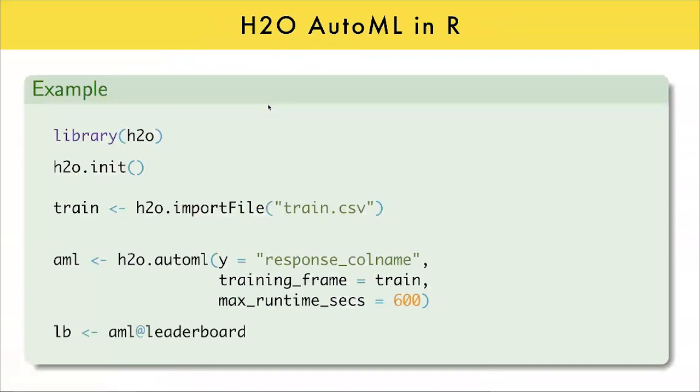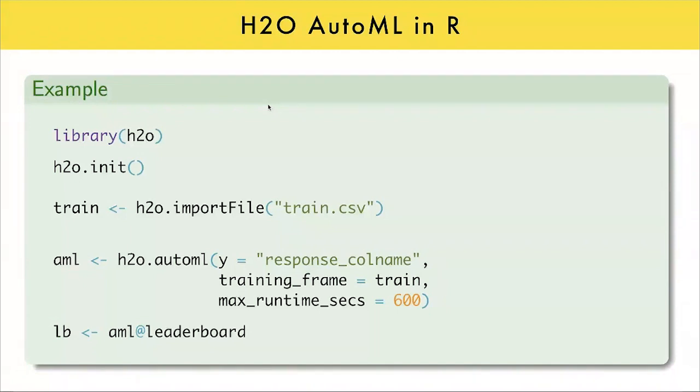Here we are in R. If you're familiar with H2O, this should look pretty much the same as any other algorithm. So in R, we would load the library, and then the first thing we would always do when we're working with H2O is start the H2O cluster, and h2o.init will do that.